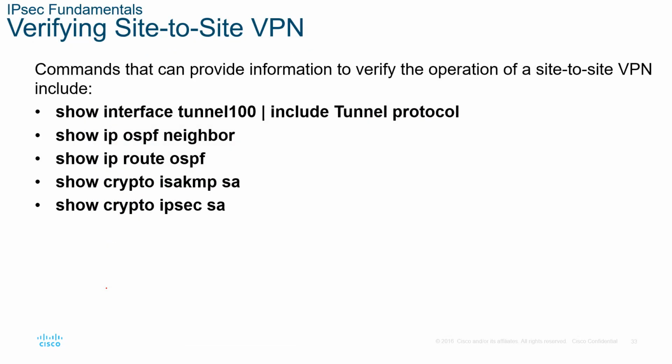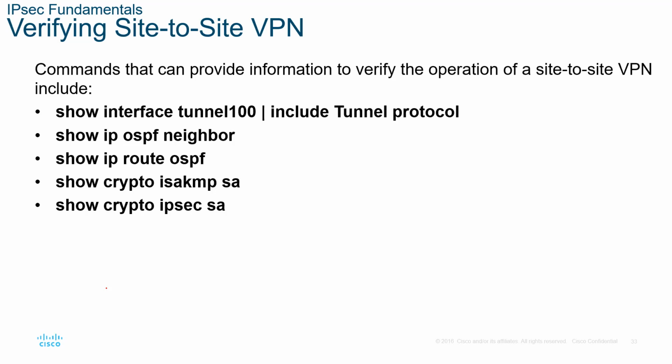We can verify this by doing a show interface, looking at OSPF, looking at route, assuming that we've set up OSPF and route. Or we can do our show crypto, either show crypto ISAKMP SA or show crypto IPsec SA.